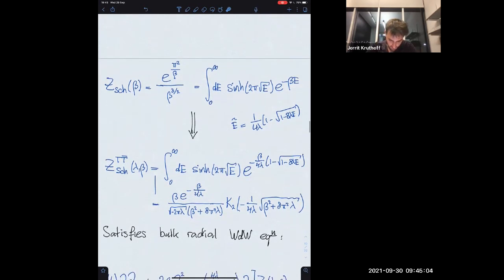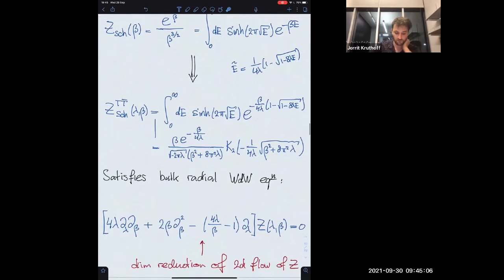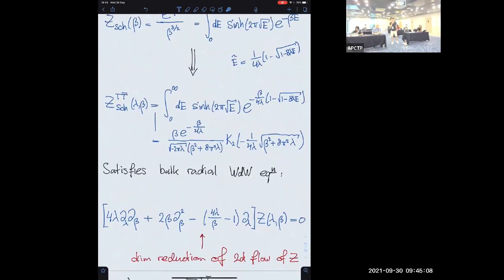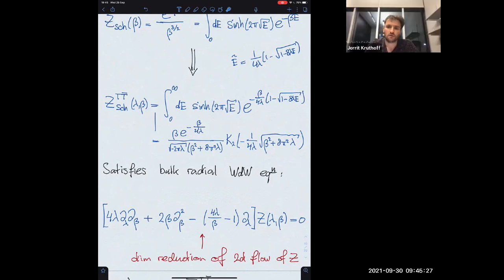May I ask a question? When you do the analytic continuation, is it unique, or is there some other branch? If you go to negative lambda and do some analytic continuation, is there some ambiguity in that analytic continuation, so that you might have a different solution?